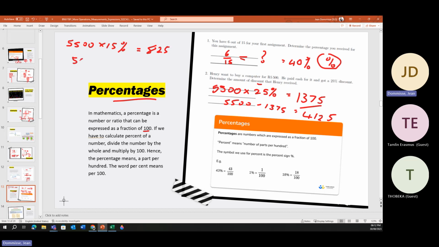In this instance, since it's a tax, we will add it and not subtract it. And then your final answer will look like 6,325. Okay, so they can give you a discount that you need to work out. They can also ask you to work out a tax amount, and then they can ask you to nearly get the final answer of payment for that amount.